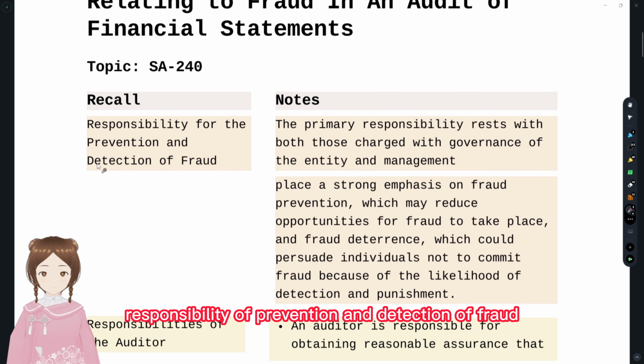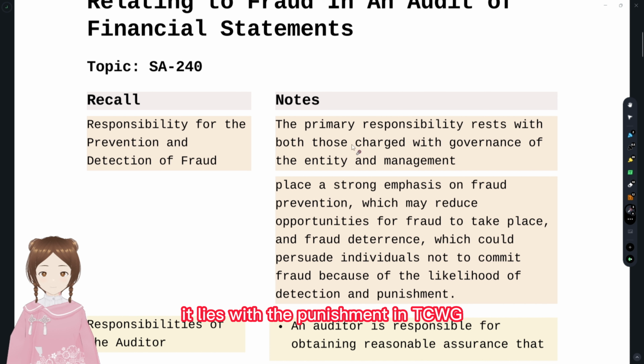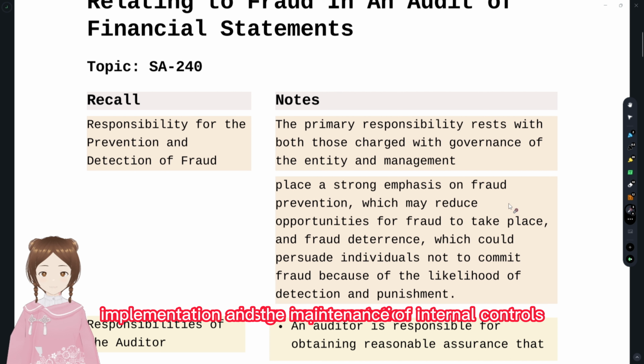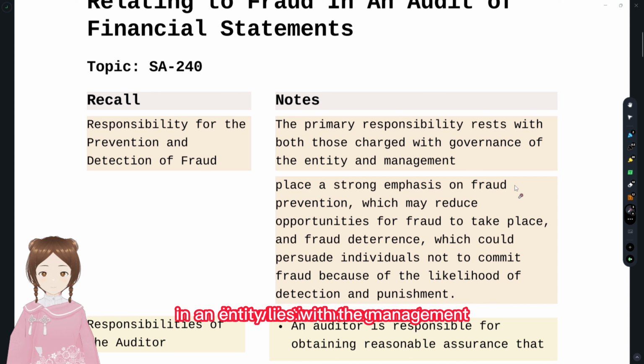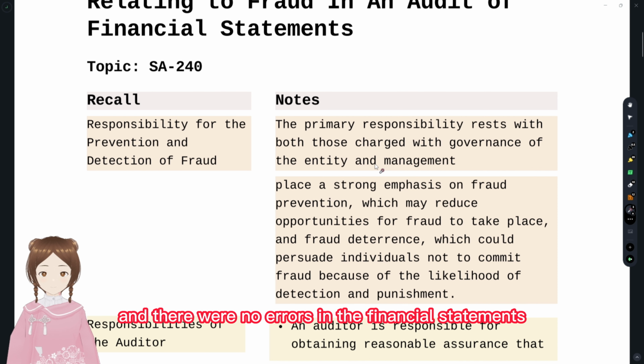Responsibility for prevention and detection of fraud. Who has the responsibility to prevent and detect fraud? It lies with the management and TCWG. How can we confirm that? It's because the design, implementation, and maintenance of internal controls in an entity lies with the management, so that the financial statements are reported as per the applicable financial reporting framework and there are no errors in them.